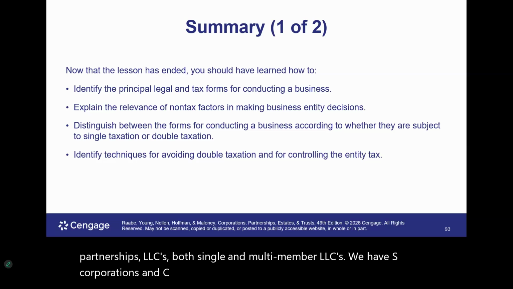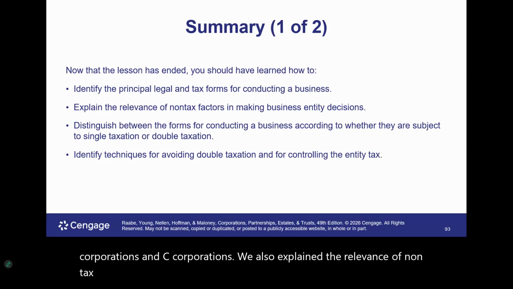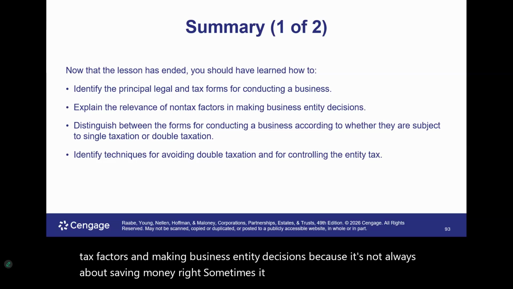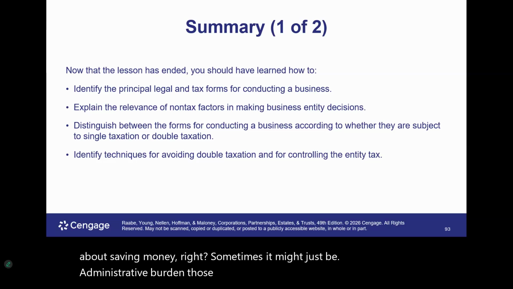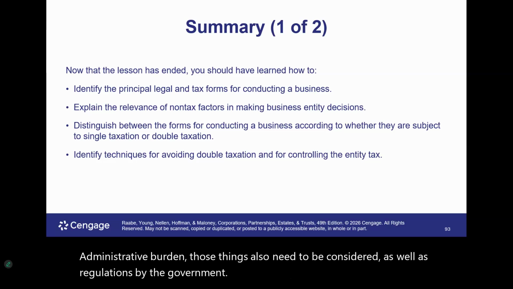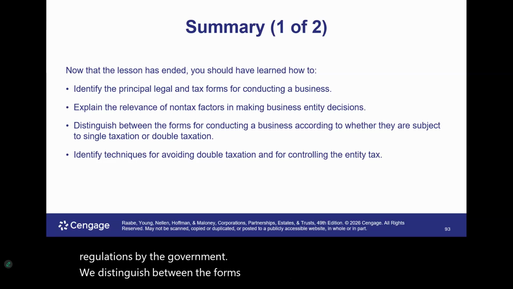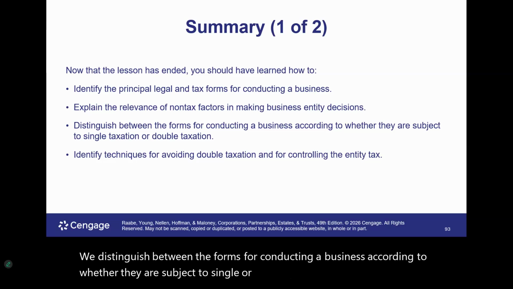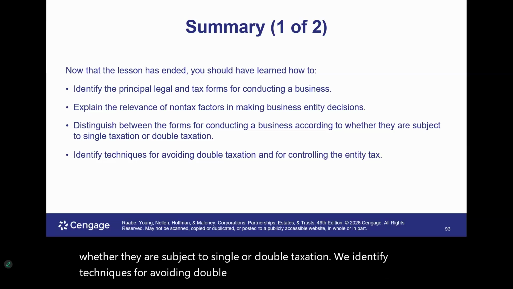We also explained the relevance of non-tax factors in making business entity decisions, because it's not always about saving money, right? Sometimes it might just be extra administrative burden. Those things also need to be considered, as well as regulations by the government. We distinguished between the forms for conducting a business according to whether they are subject to single or double taxation. We identified techniques for avoiding double taxation and for controlling the entity tax.